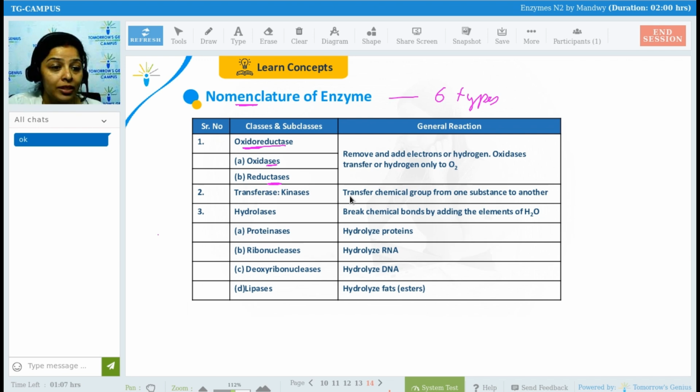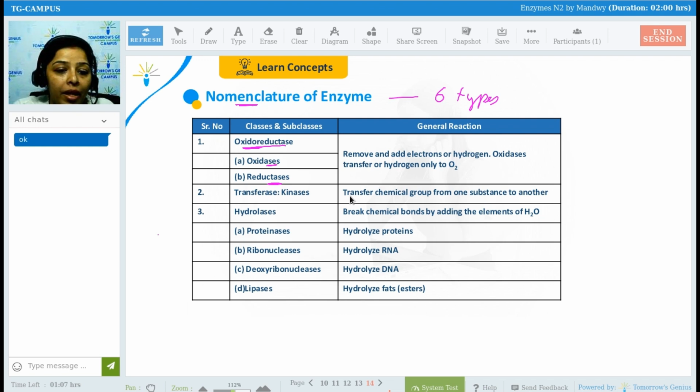If any enzyme has the ability to oxidize, it helps in oxidation. What is oxidation and reduction? Ma'am, oxidation is addition of oxygen and removal of hydrogen. And reduction is removal of oxygen and addition of hydrogen.